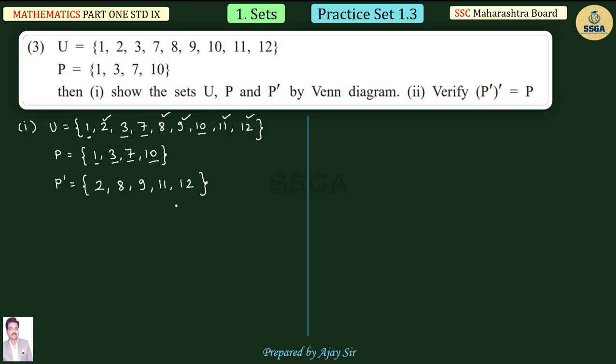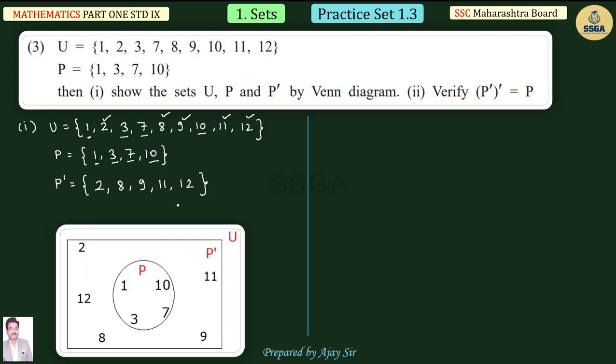So therefore we can represent this by a Venn diagram. Inside one small circle we draw, that represents set P, and the elements of P are 1, 3, 7, 10, and outside P the remaining elements are 2, 8, 9, 11 and 12.